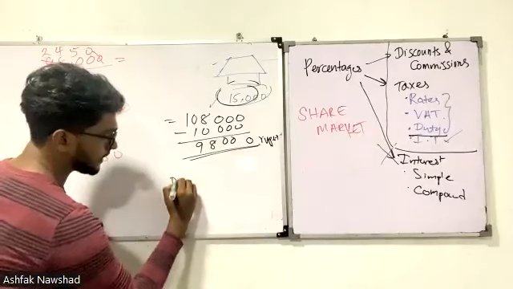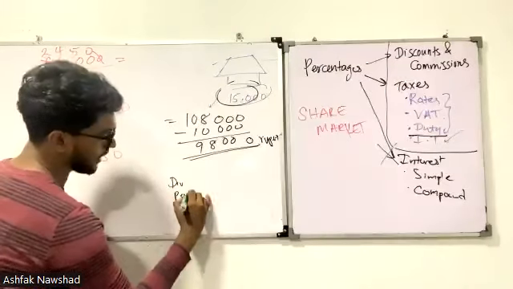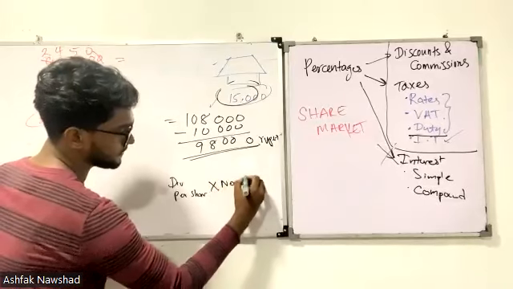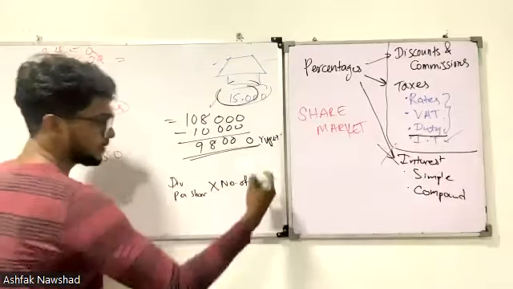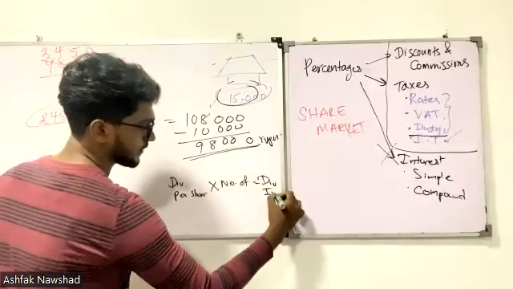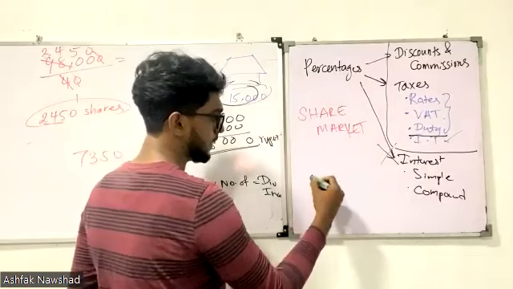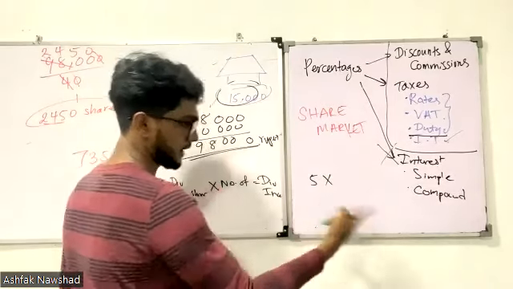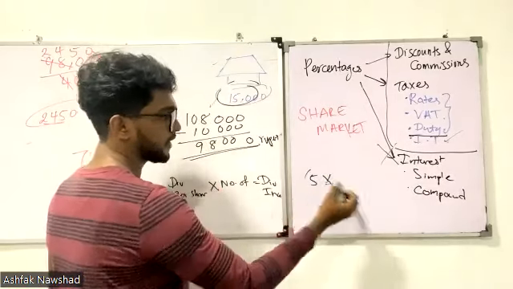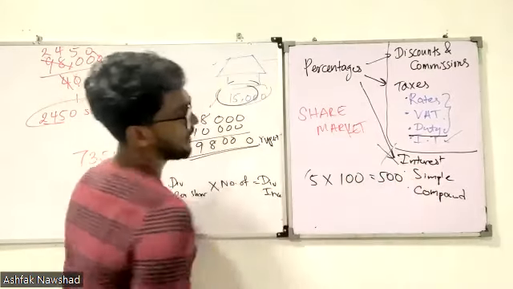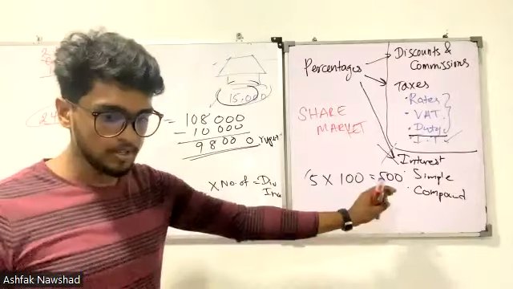The dividend per share multiplied by the number of shares gives us the dividend income. Like in the previous example, a dividend is 5 rupees. I have 100 shares, so the dividend income would be 500 rupees. This is how to calculate.